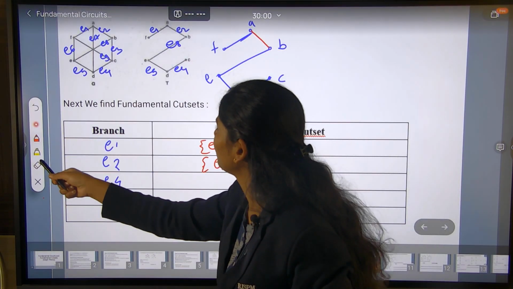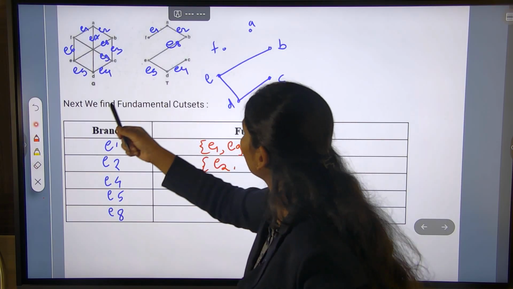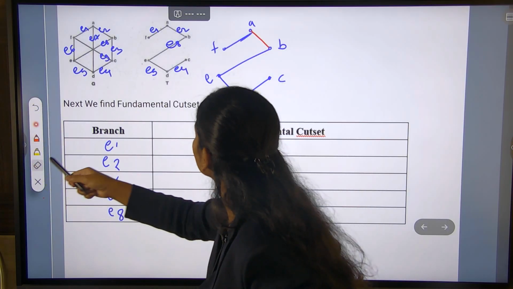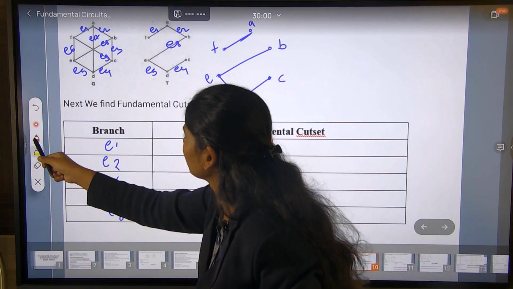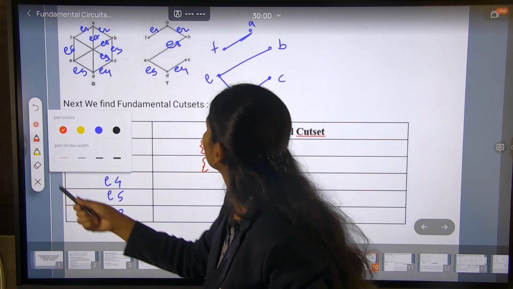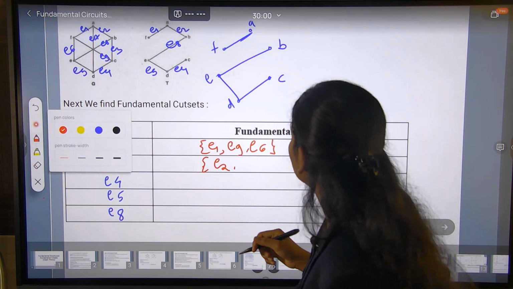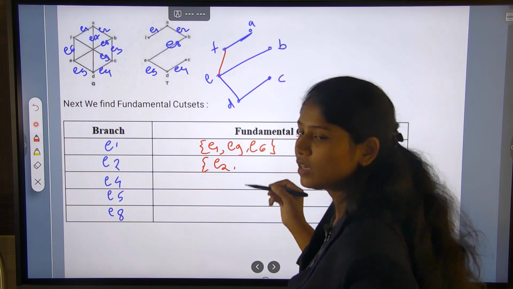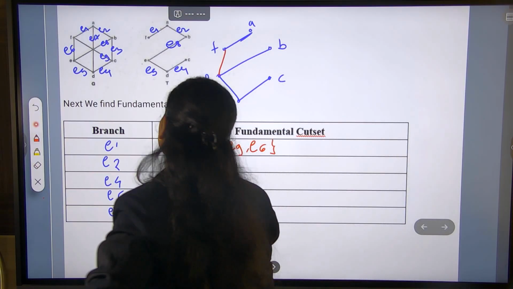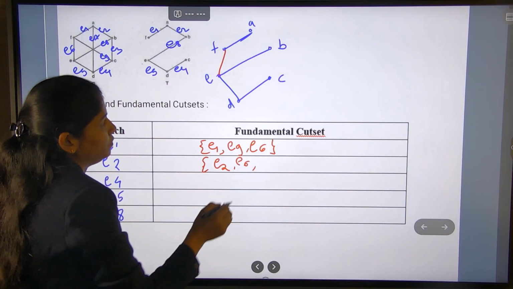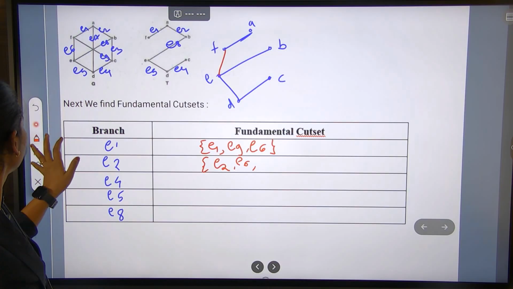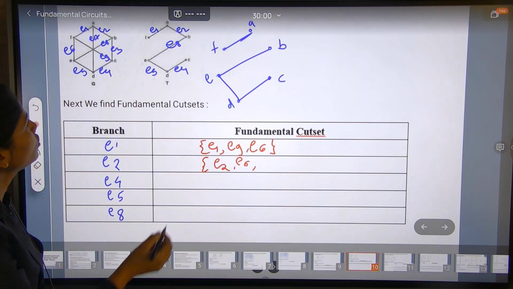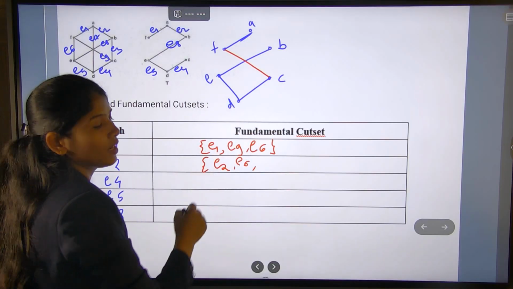Then check for other chords. Okay, mistake is there, sorry. Check for other chords. If we join E6, we get the connected one. So write down E6. Then if we join E9, we get the connected one.